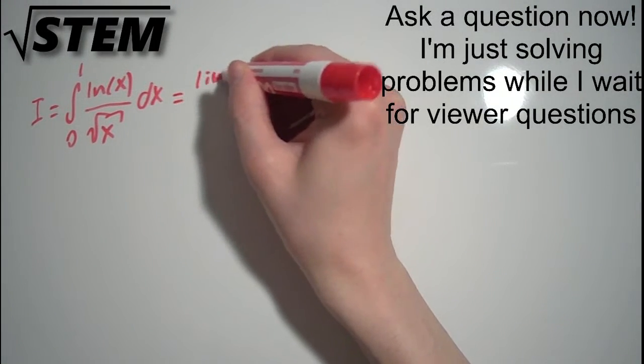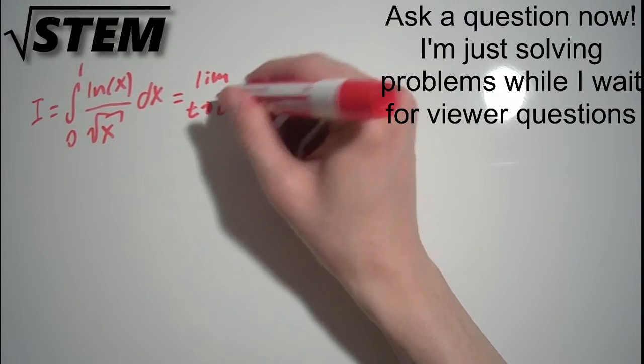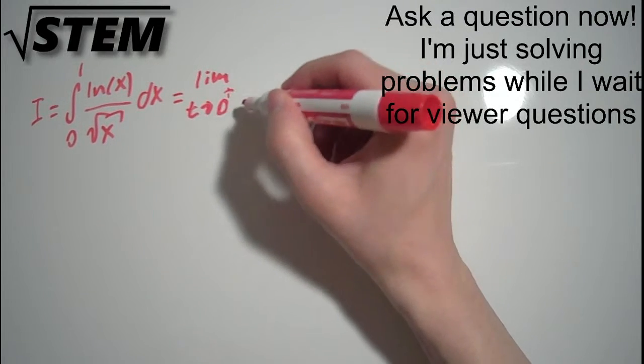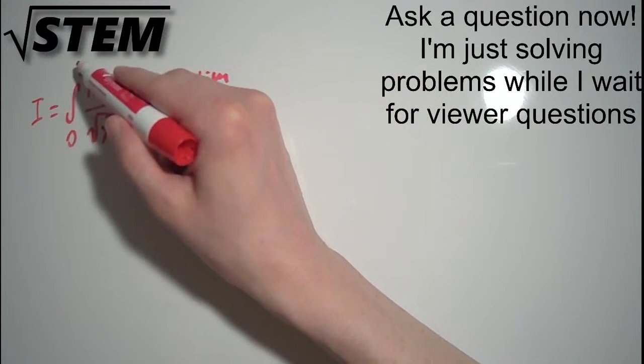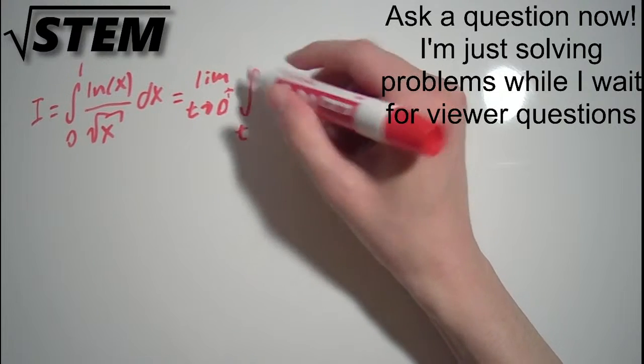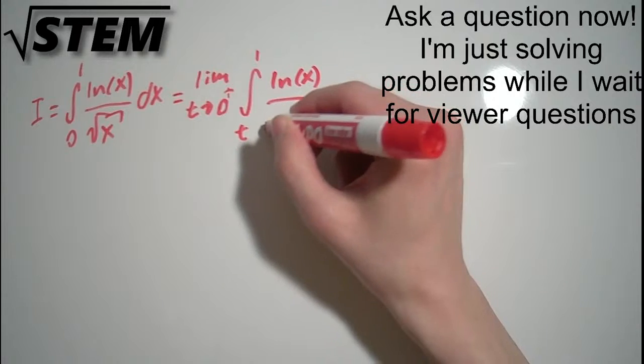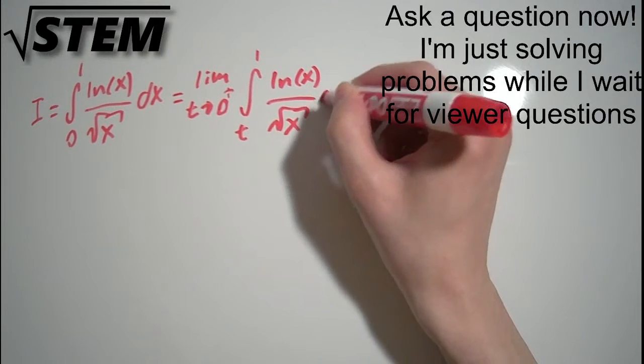The limit as t goes to 0 from the positive side, because we're coming from the positive side of the real number line, of the integral from t to 1 of natural log of x over the square root of x dx.